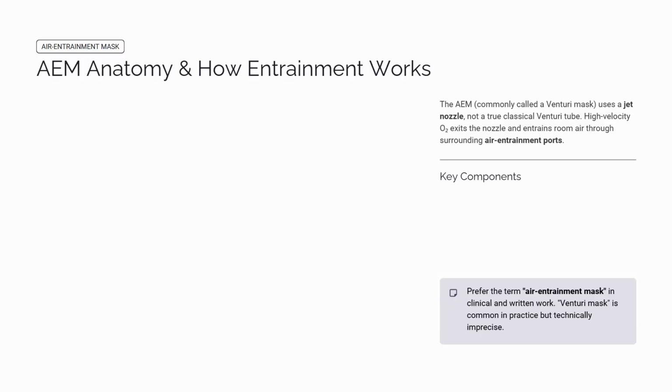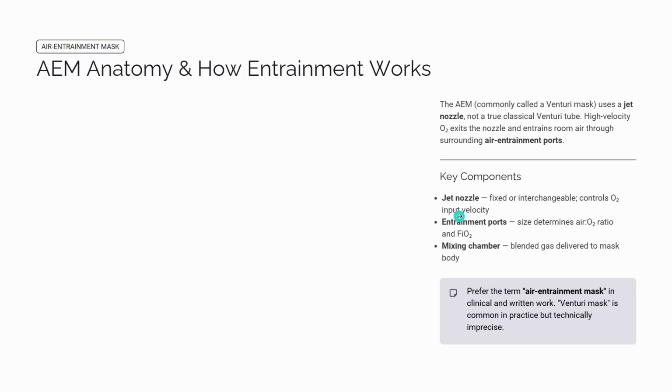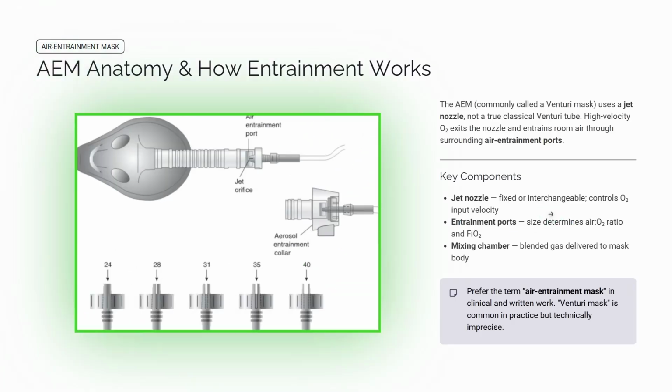Oxygen is forced through a small nozzle at a high velocity, and that high velocity jet pulls room air in through openings called entrainment ports right around the nozzle. That oxygen and room air mix together in a mixing chamber before it ever reaches the patient. So going forward, we're going to call it what it actually is, an air entrainment mask.